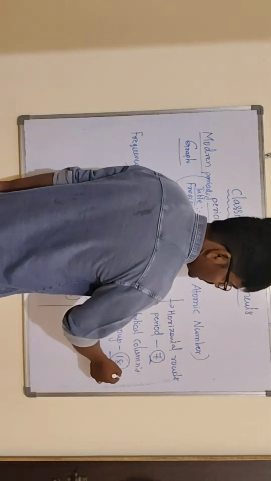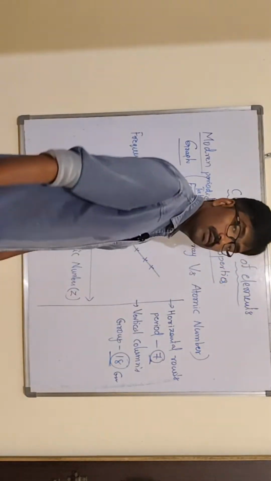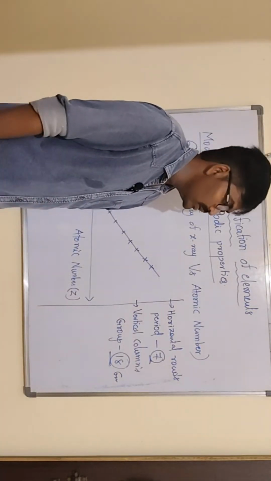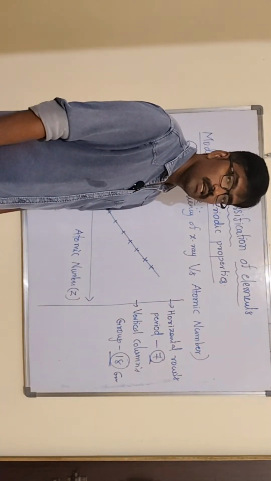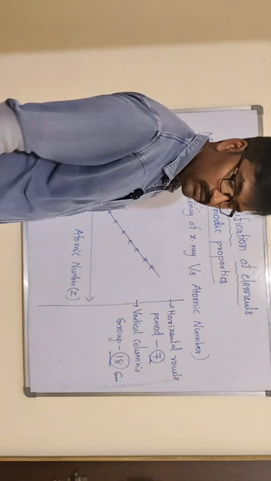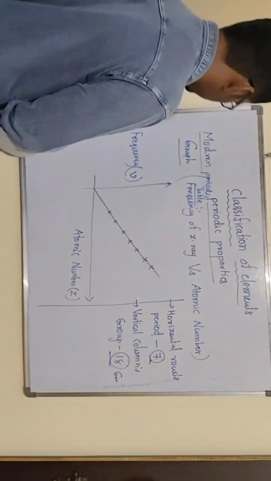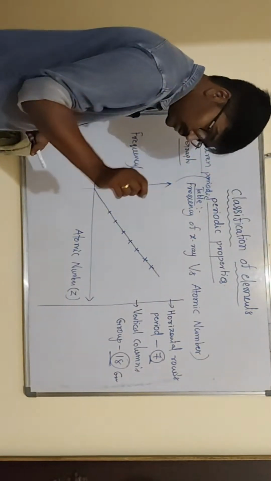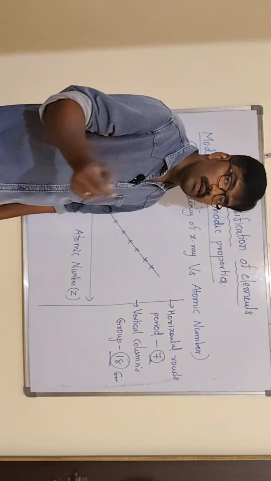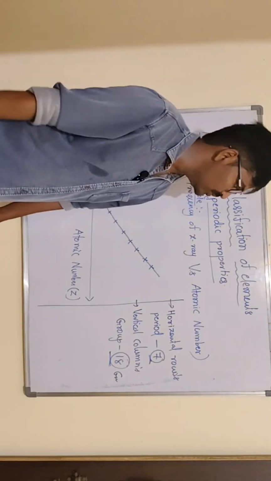So 7 rows and 18 vertical columns, that is groups, are present. Even here, they told that elements with similar properties are arranged in the same group.